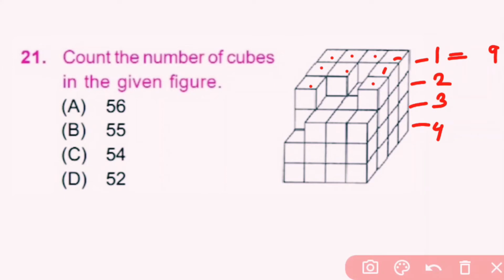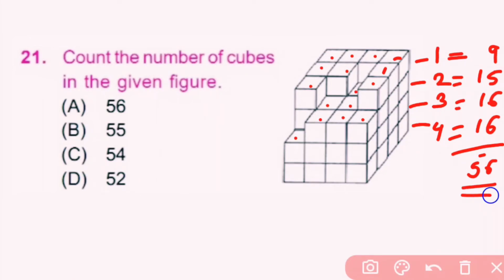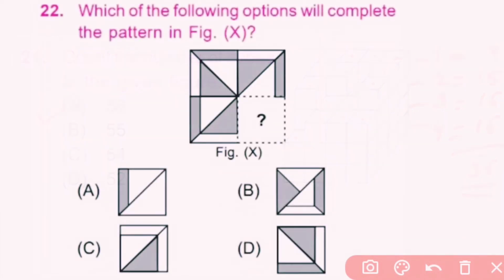In the second layer, upper this 9 and 10, 11, 12, 13, 14 and 15 cubes. In the third layer, this upper 15 and this one is additional. So 16 cubes are there. And fourth layer 16 cubes, and total of this is 56. So there are total 56 cubes. A is the correct answer.